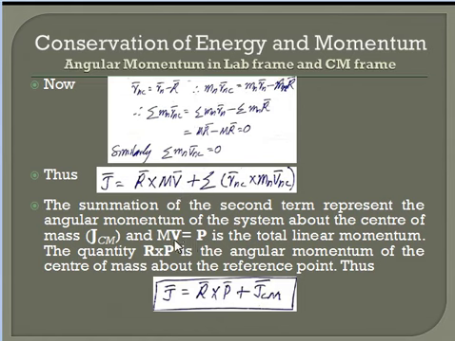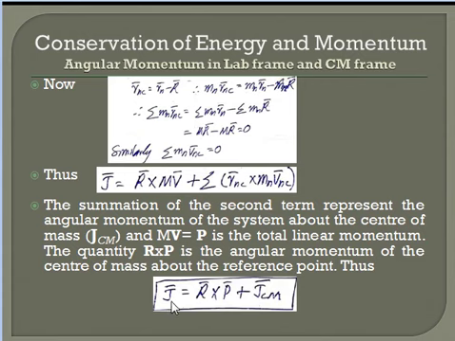Therefore R cross MV can be called R cross P, where P is the total linear momentum, and this R cross P is the angular momentum of the center of mass about the reference point. Thus, the angular momentum of the system of particles about the reference point can be written as J is equal to the angular momentum of the system of particles about the center of mass plus the angular momentum of the center of mass about the reference point.